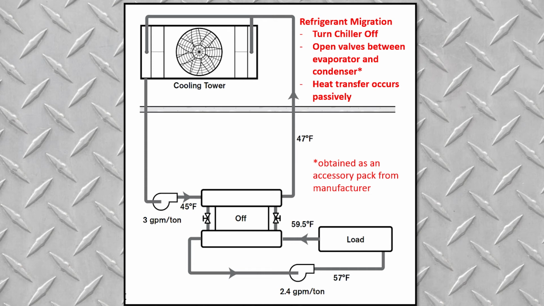This allows the refrigerant to migrate between the condenser and the evaporator. So there's internal heat transfer taking place and achieving the savings. The other trick is that the system is normally available as an accessory from the manufacturer. Although this is an option, it may not achieve quite the efficiency as you would get from some of the other measures.